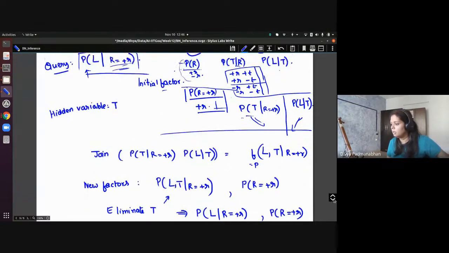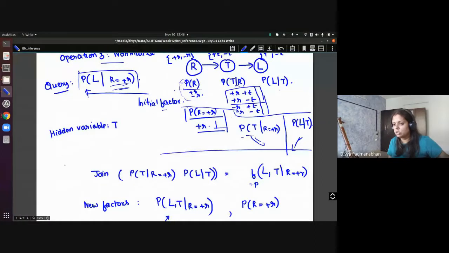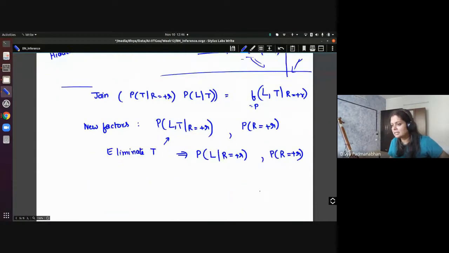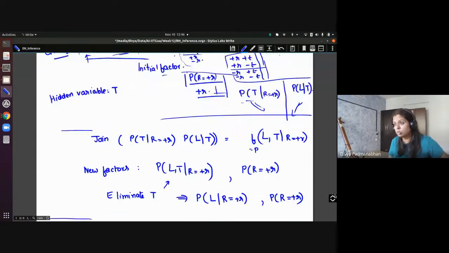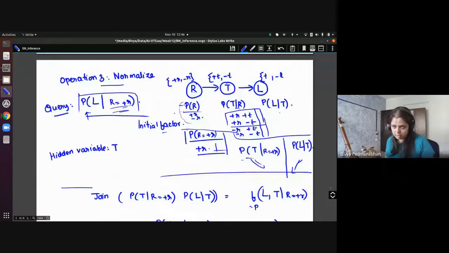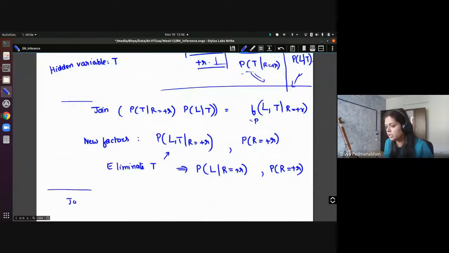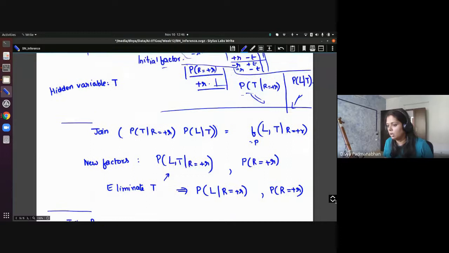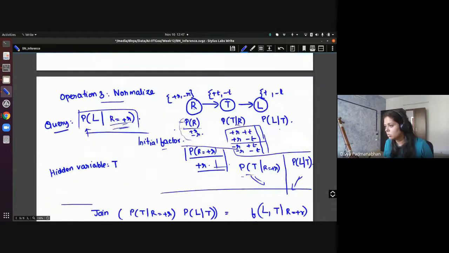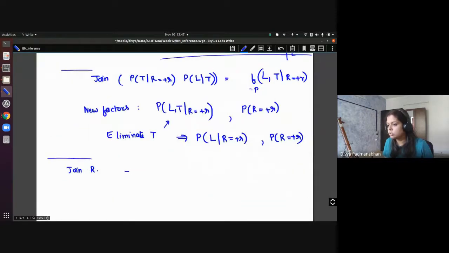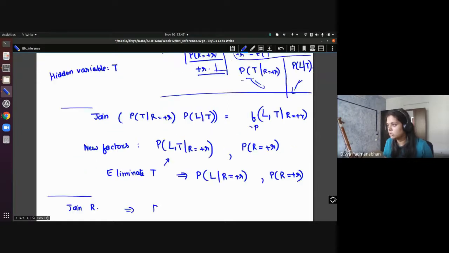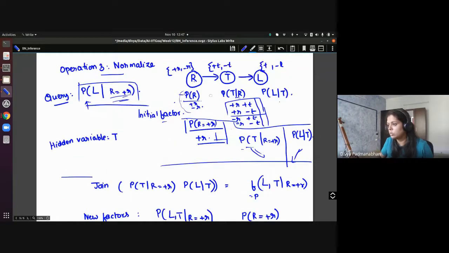Okay, so this is one possibility, but let's take another possibility, where suppose you did a join on R first. It's not really needed to do it that way, but suppose you did a join over R first.